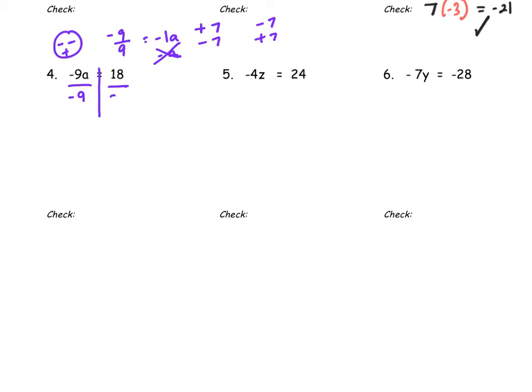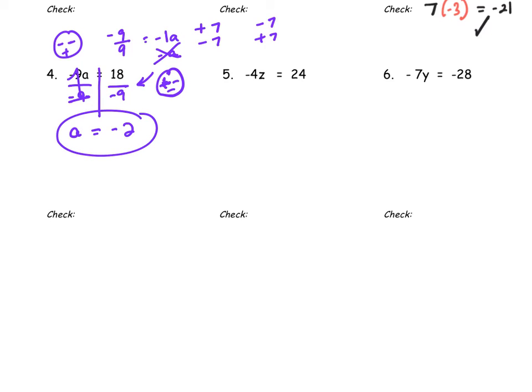So we have to use the same sign of whatever is given because our opposite thing that's happening is division. Instead of multiplying, we're dividing. So negative 9 divided by negative 9 is positive 1a, which is just a. And on this side we have a positive 18 divided by a negative 9, and that is a negative, and the answer is a negative 2.